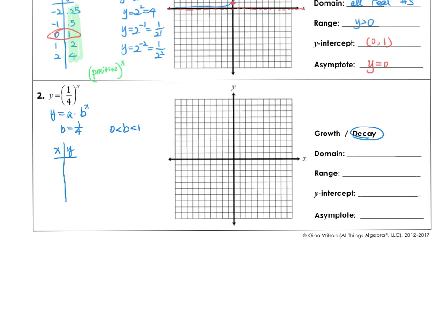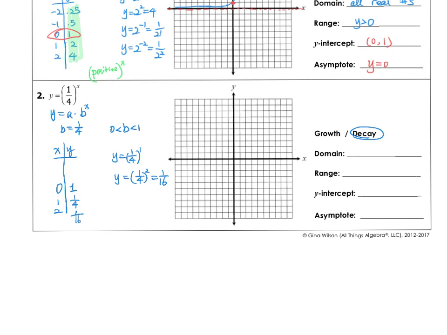So let's try this with the same trick. When I put in 0, anything raised to the power of 0 is 1. Then if I put in 1, y equals 1/4 raised to the power of 1, which is that number itself. And when x is 2, it becomes 1 squared over 4 squared, so it's 1/16.